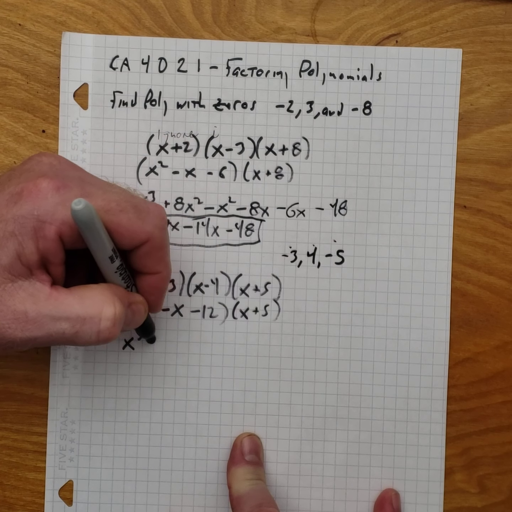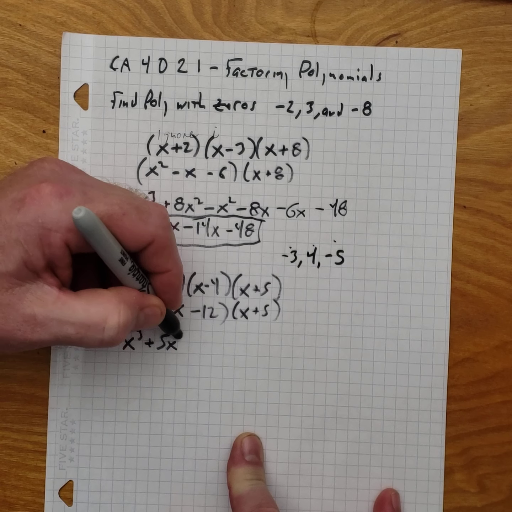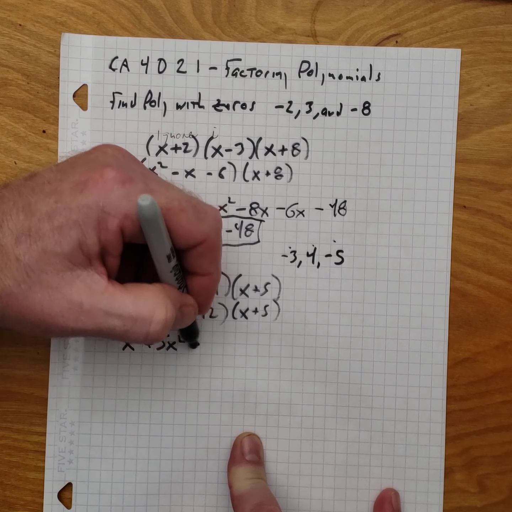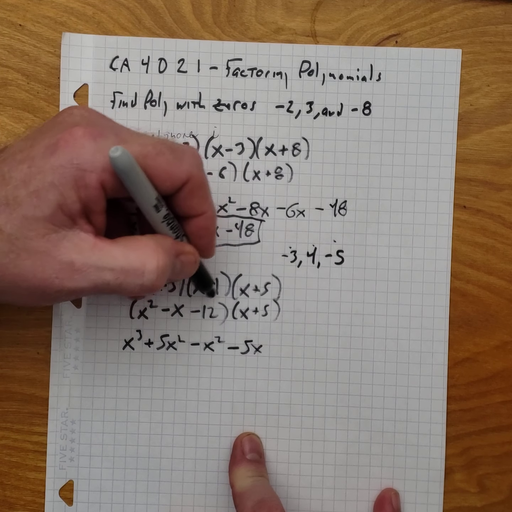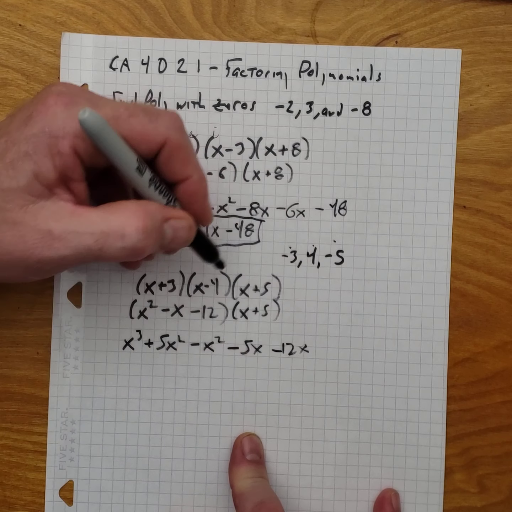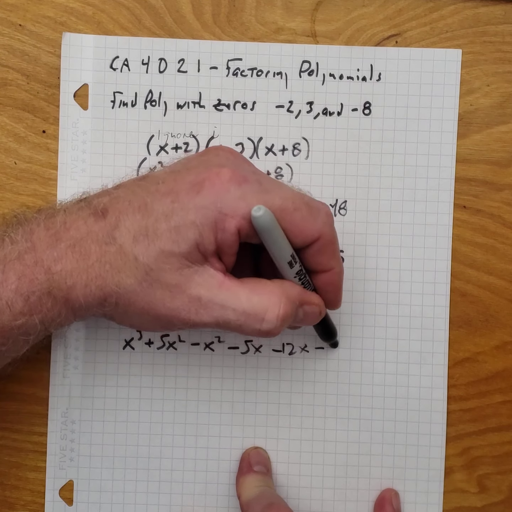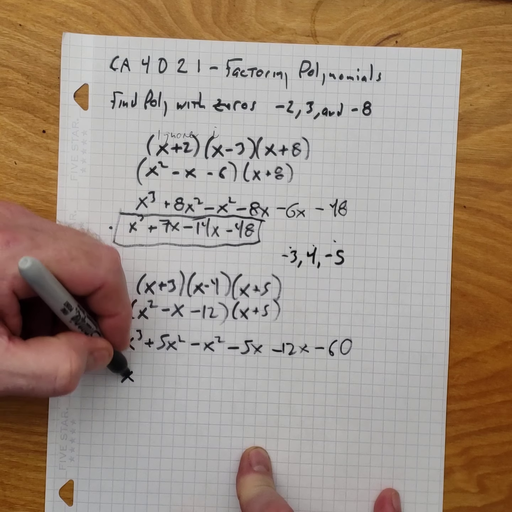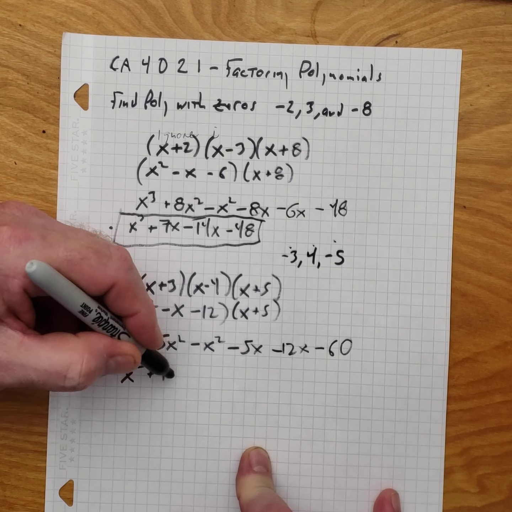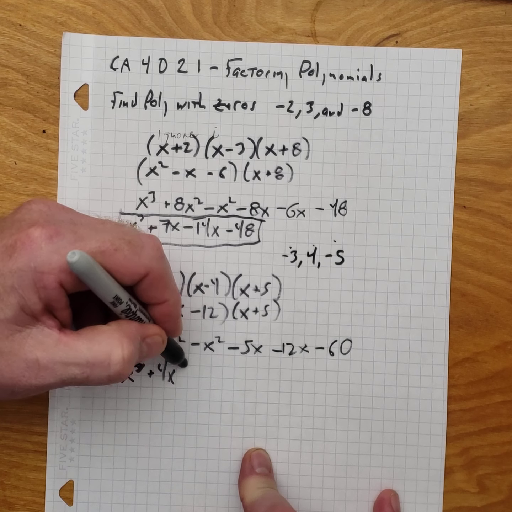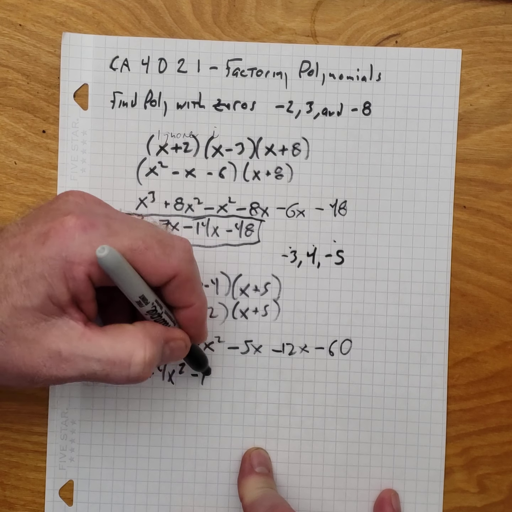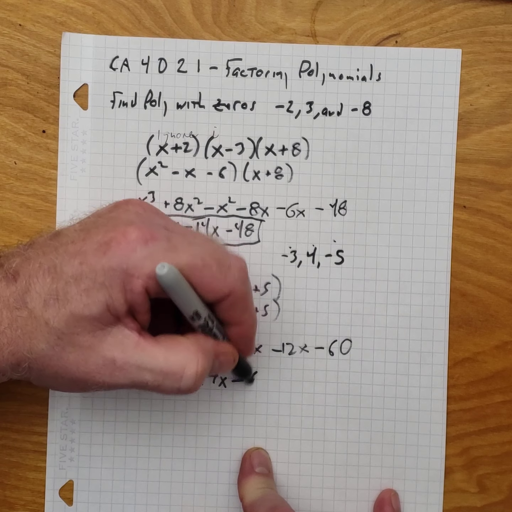X squared times 5 is 5x squared, minus x squared, minus 5x, minus 12x, minus 60. So we got our x cubed plus 4x squared minus 17x minus 60.